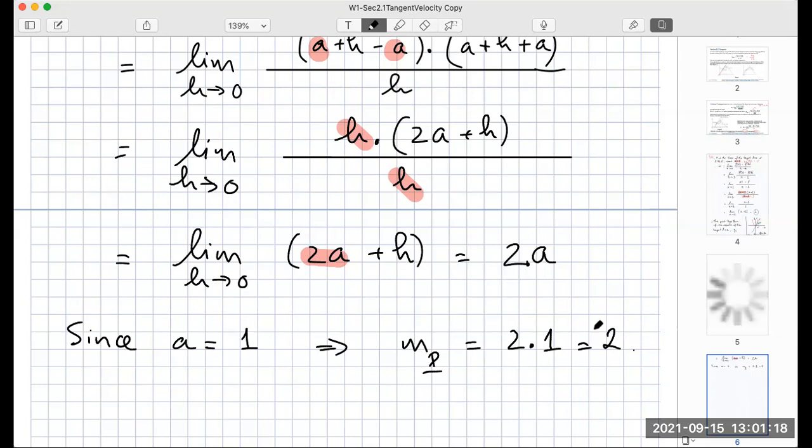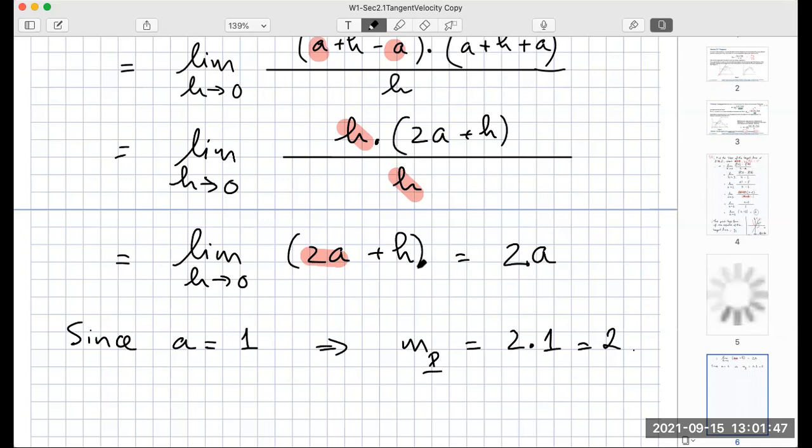So first, we can use the summation law for limits. It will be the limit as h approaches 0 of 2a plus the limit as h approaches 0 of h. Then the first term is a constant, so the limit of that will be that constant, which is 2a.